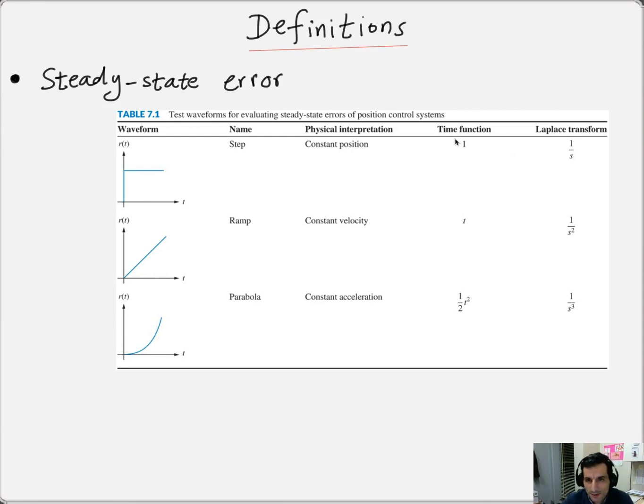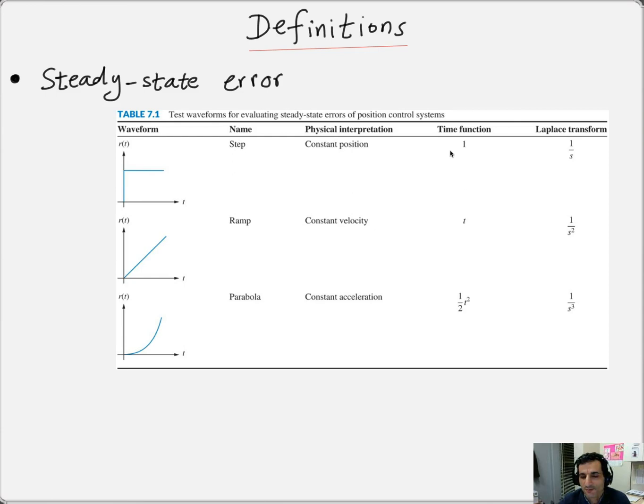In terms of a function of time, the step could be just represented by one. And remember that we're just dealing with causal inputs or causal functions, meaning that for any negative time instant, the value of the function would be 0.